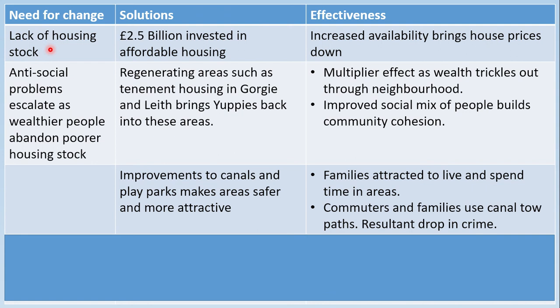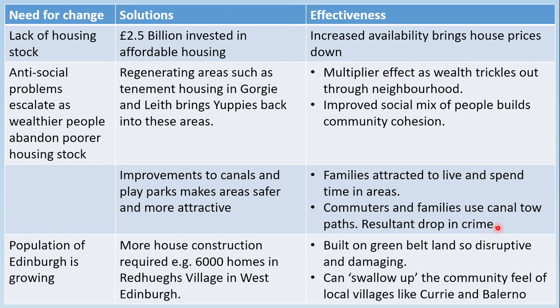It's effective because families are then attracted to live and spend time in areas, and as soon as you do that, you have a kind of community feel. And commuters and families use the cleaned up towpaths, and this is effective because this reduces the crime rate. If public spaces are spaces that are used and populated by people, it tends to have an effect on the level of crime that we see.